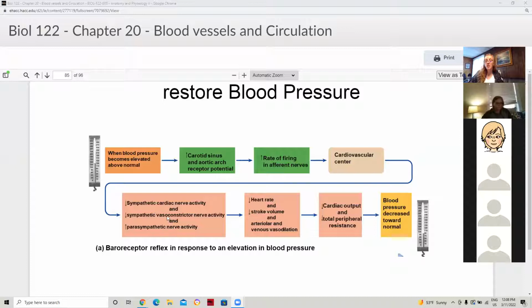You're decreasing sympathetic vasoconstriction, so it's more vasodilation. And you're increasing the parasympathetic nervous activity on the heart, because the parasympathetic nervous system does not work on the blood vessels.